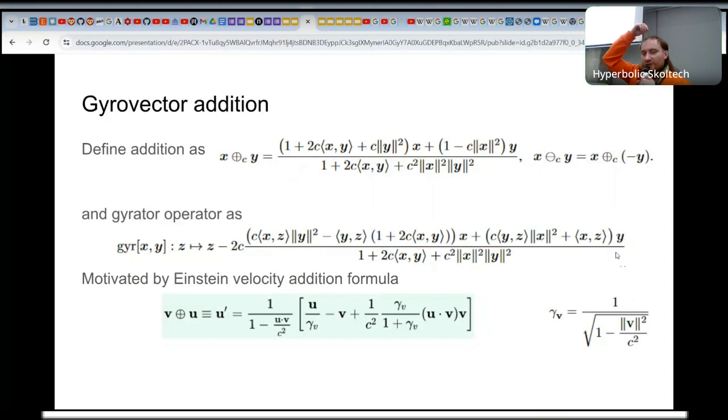It has a scalar part, which is the first term, and this is a vector part. The additions are Euclidean. Everything here is Euclidean, but all points mentioned here are hyperbolic.